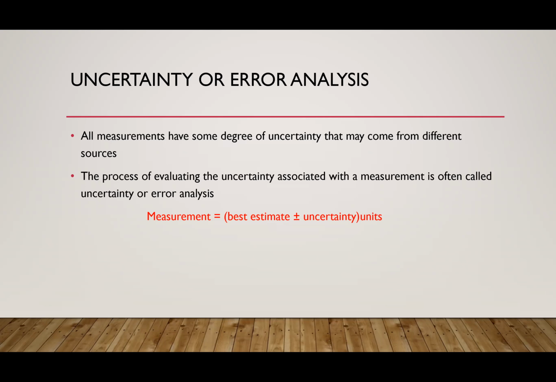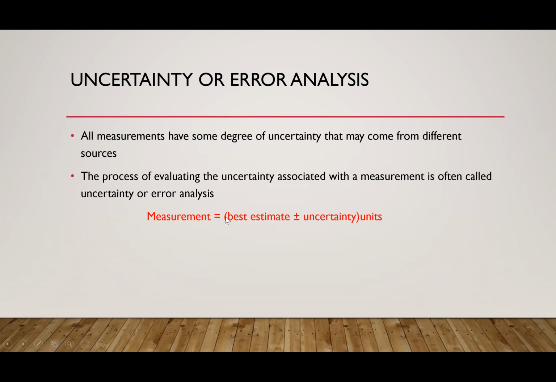Maybe due to the instrument, maybe due to the observer, maybe due to the operator who is using the instrument, maybe due to some environmental changes. So factors can be anything, but this plus minus that you say, plus minus 2, plus minus 1, that is the level of uncertainty or the level of error that can actually be expected in the measurement that you are taking.